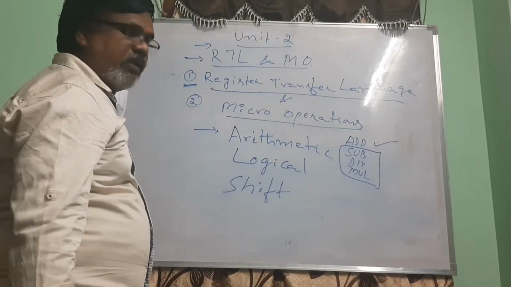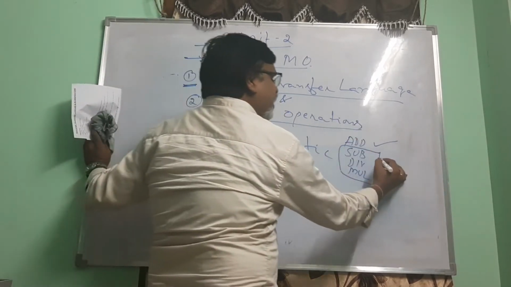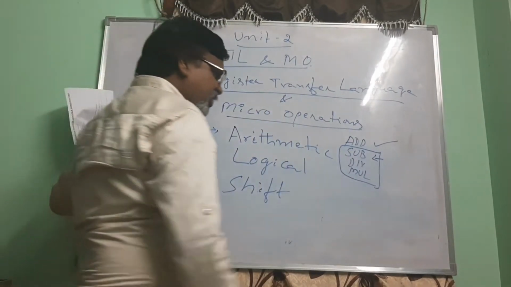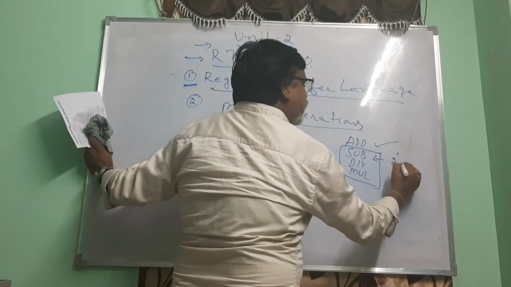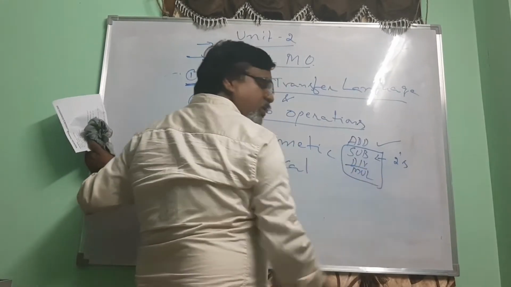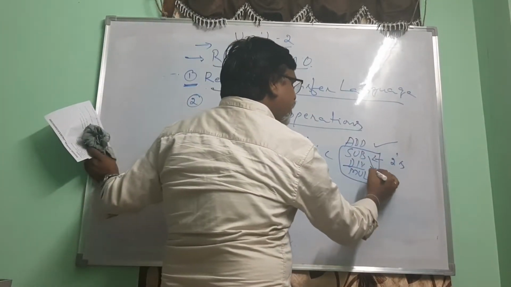Subtraction is performed with the help of addition using the 2's complement, and division is performed with the help of the subtract operation.